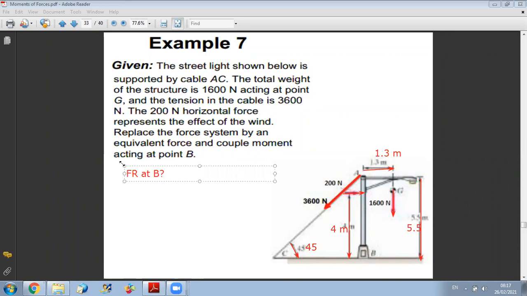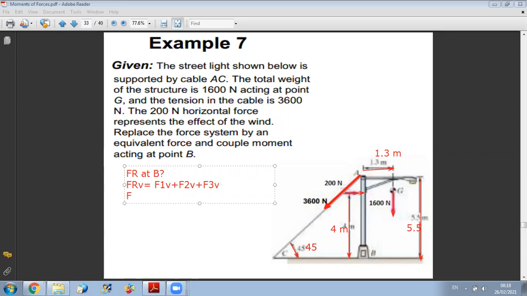So here, since I selected B, when I displace the forces to B, I should add their moments about B. So first, for the resultant force, since I have here a 2D problem, I can decompose my resultant into X and Y. Because I know that the F resultant vector is the summation of three forces, F1 vector plus F2 vector plus F3 vector. So now I can decompose this vectorial relation into two components.